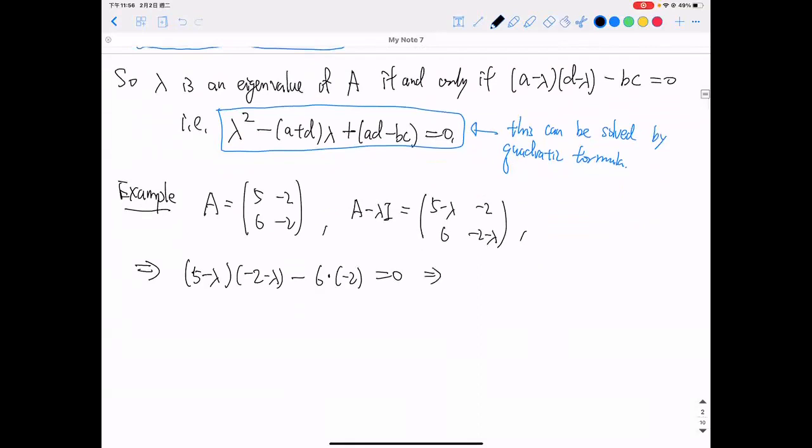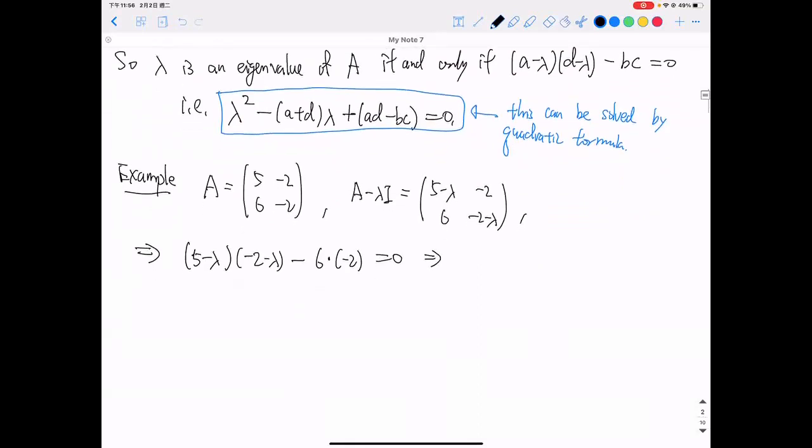And so we have to compute this. So it's lambda squared minus 3 lambda plus, here, it's negative 10 minus negative 12, so 2.